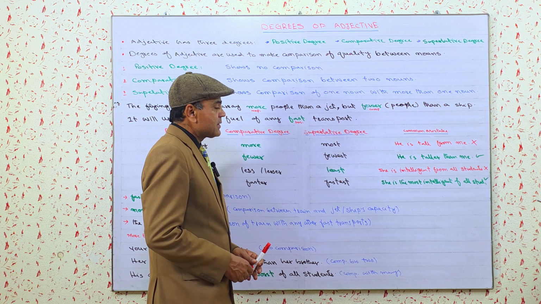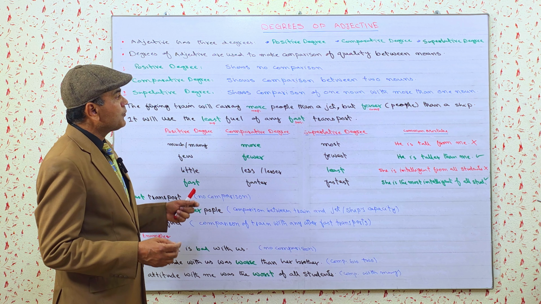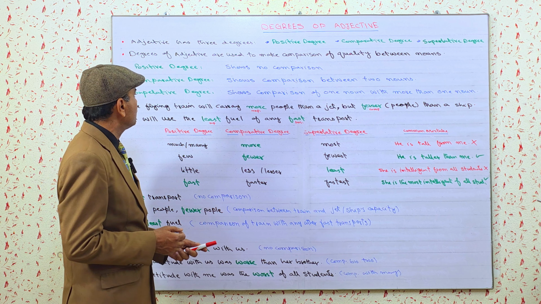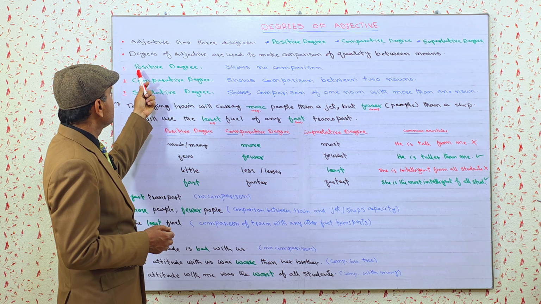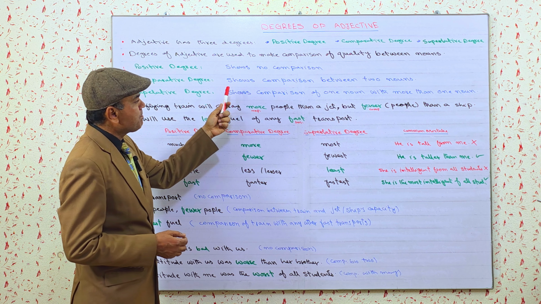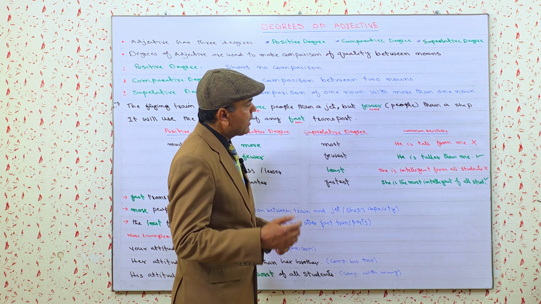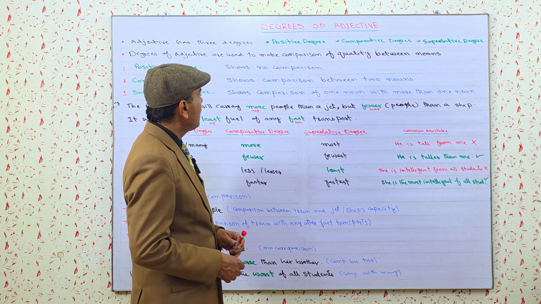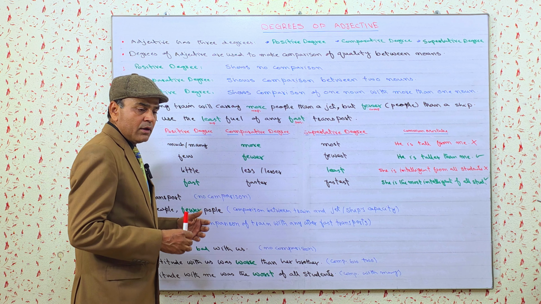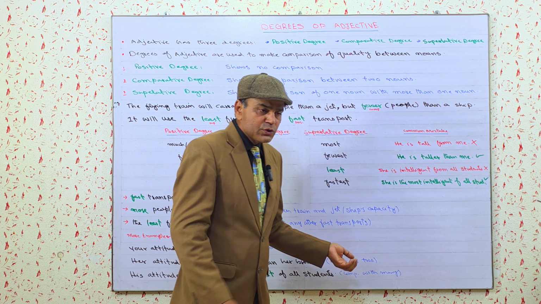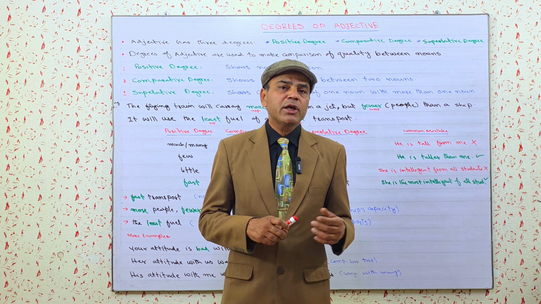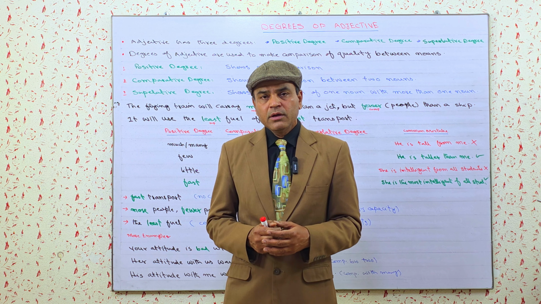English grammar says that if you are comparing two things or two nouns, like if I'm comparing one noun with the other noun, I have to use a comparative degree. And if there is no comparison between the nouns, then I use positive degree.